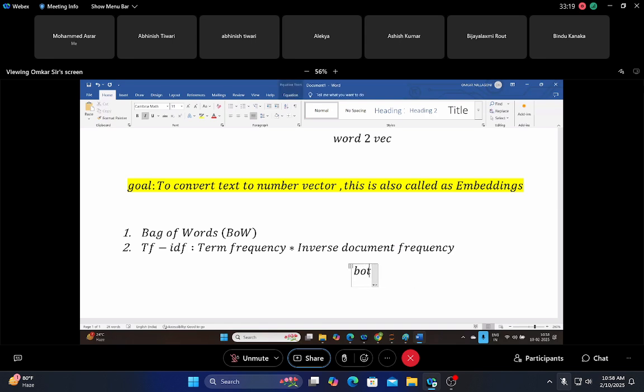First of all, both are traditional approaches.